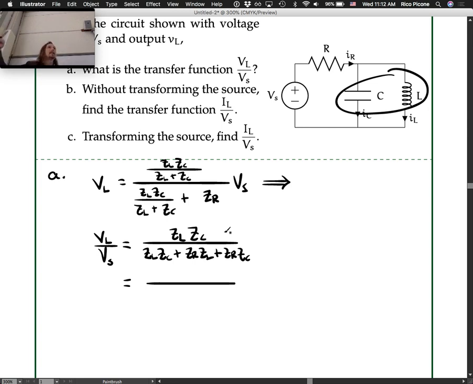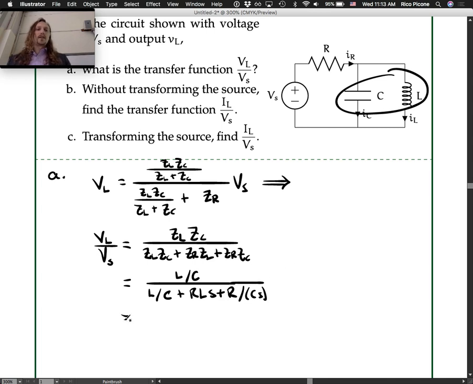ZL is LS, ZC is 1 over CS. The S's cancel, so we just get L over C, plus ZR is just R, times LS plus ZR is just R, divided by CS.